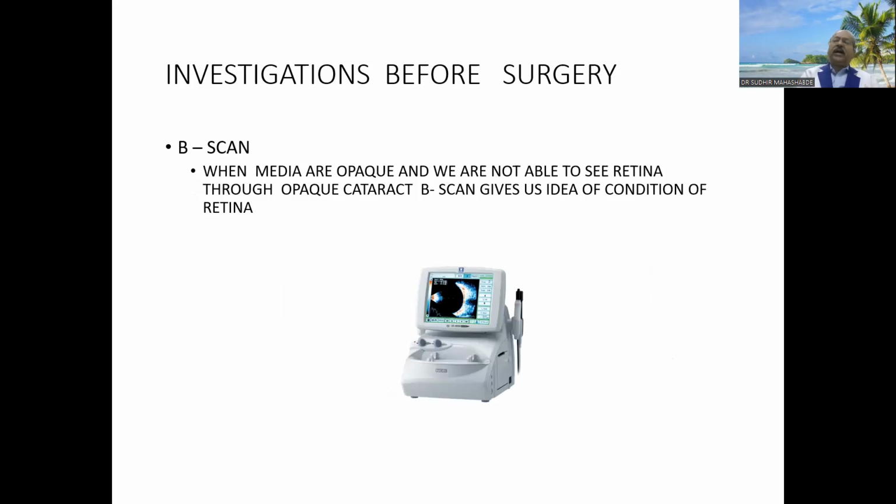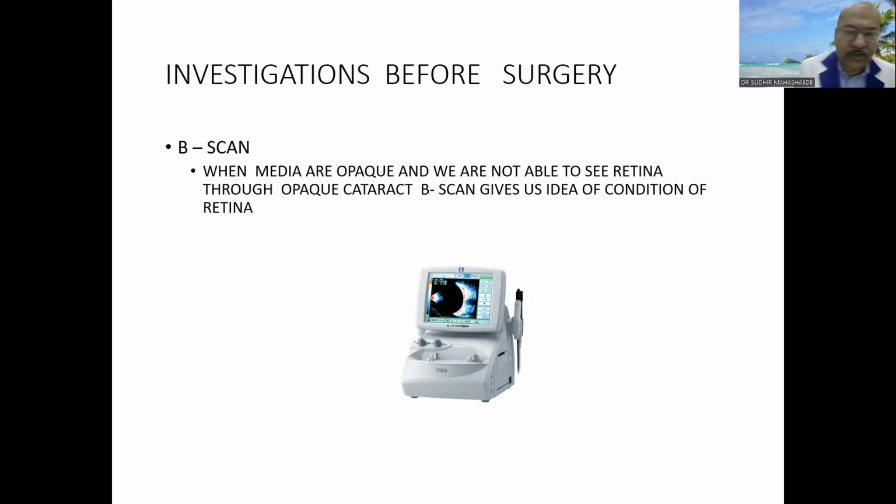If the media are opaque, like a total mature cataract, you cannot see the inside of the eye. Now there may be a coexisting retinal detachment, and thereby when you operate, you will find that the patient's vision does not improve.